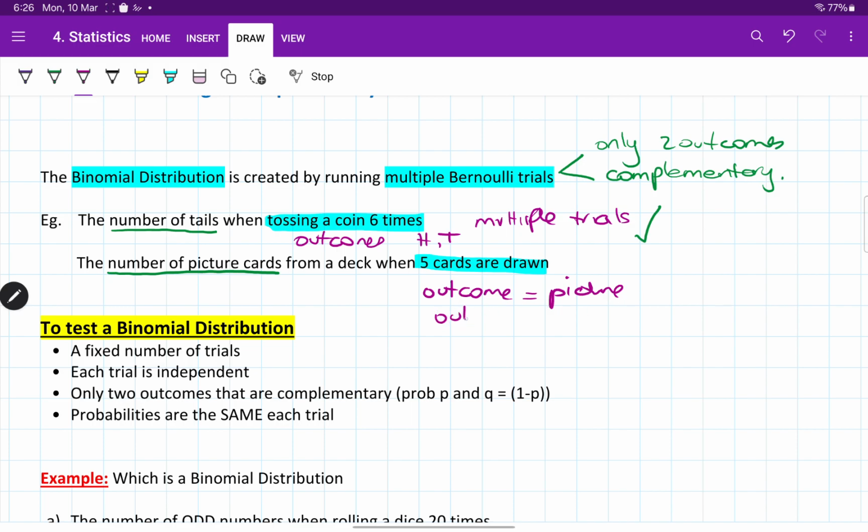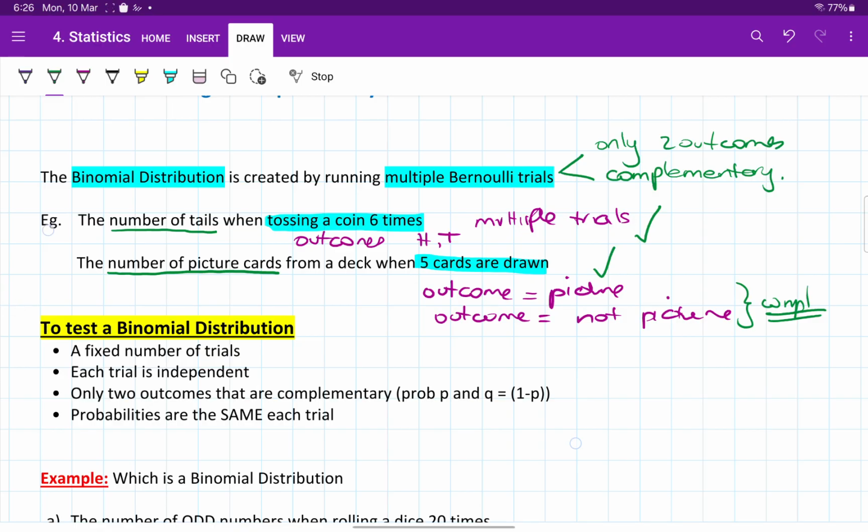The other outcome is not getting a picture. Okay. Now, I haven't written down here, but in this case, we are drawing 1 card out and replacing that before we draw it out. So we have the same number of cards we're drawing from each time. Okay, so there's only 2 outcomes. They are complementary. And there are 5 repeated outcomes. So that is an example of a binomial distribution.